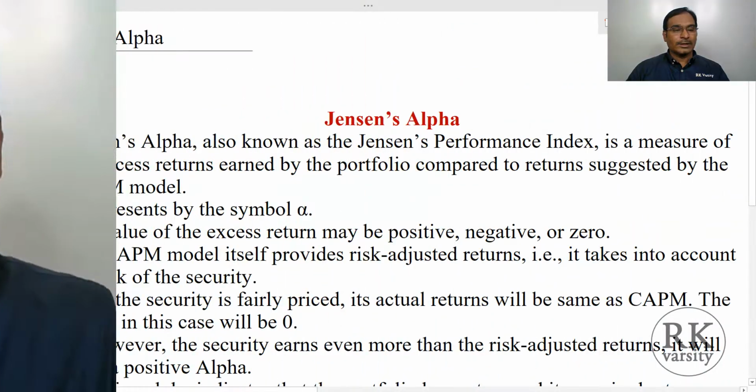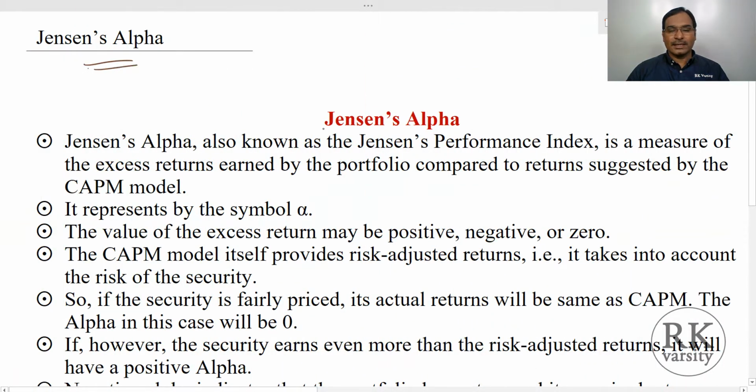So now I'll take you to my OneNote where I explain the concept of Jensen's alpha, the formula that we use to calculate it, and then how to interpret the outcome of a Jensen's alpha calculation. So here is a description of Jensen's alpha, also known as Jensen's performance index. This is one of the performance indexes used to measure the performance of mutual funds.